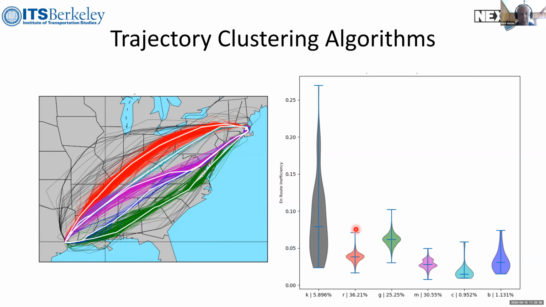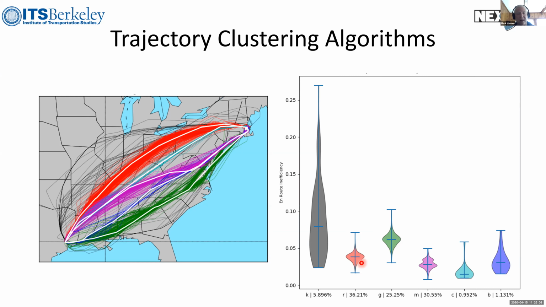What you see in this particular case is that there are 5 clusters, and you can see some summary information about the clusters over on the right here. This is the fraction of flights in each cluster, and these violin plots give us a summary of the inefficiency of the different trajectories in each cluster.